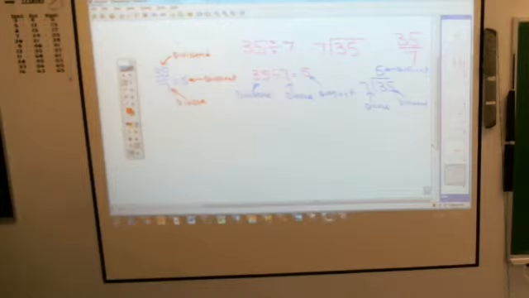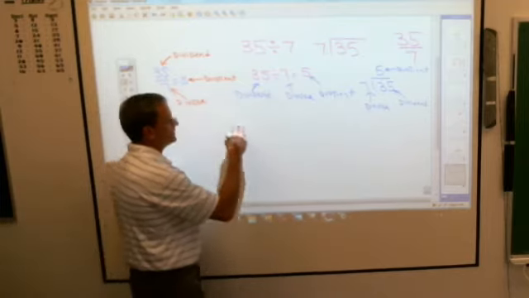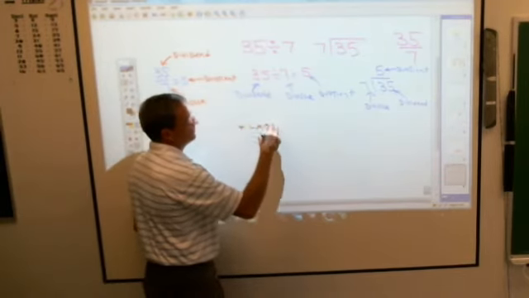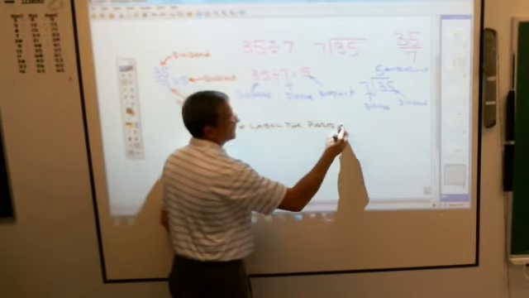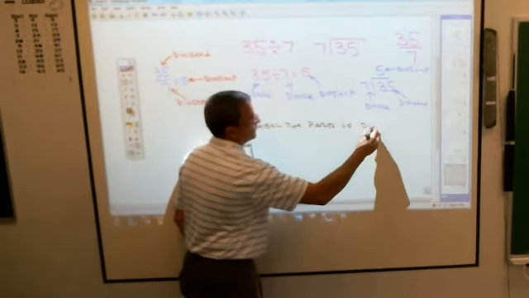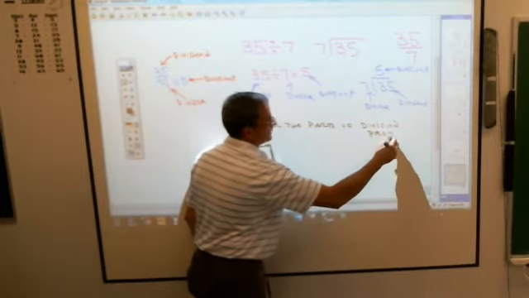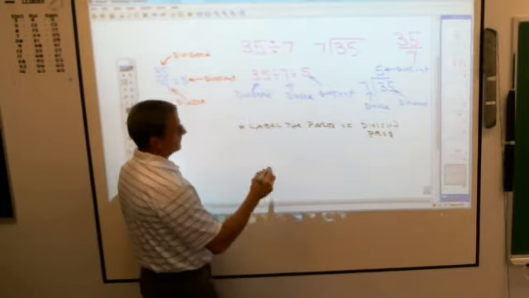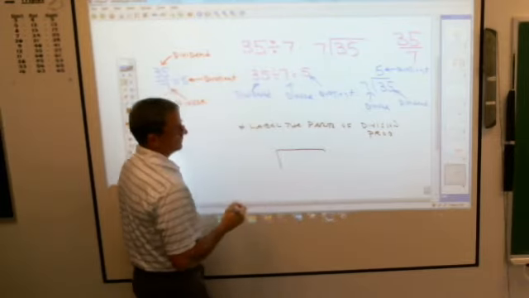Alright, back to math. Have fun. Because this, fifth grade, is what will come up on a quiz. The quiz will say, label the parts of the division problem. I'll give you the fraction line.